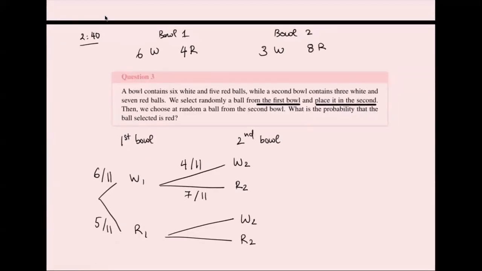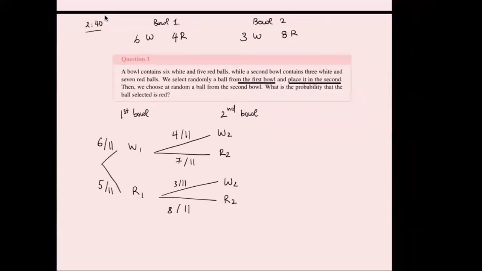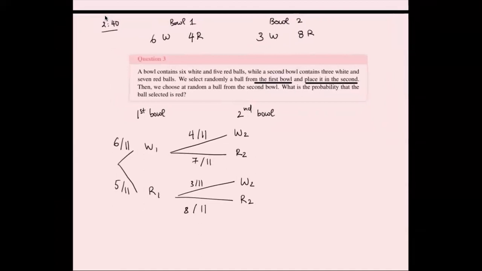Then when you choose a random ball from the second bag, you would have 3/11. And the probability of red from the second bag is 8/11.